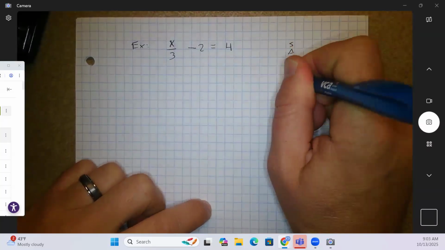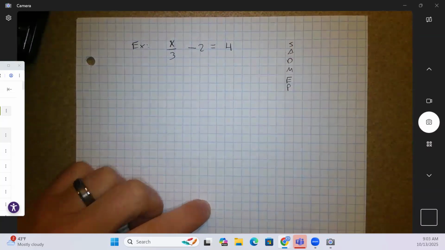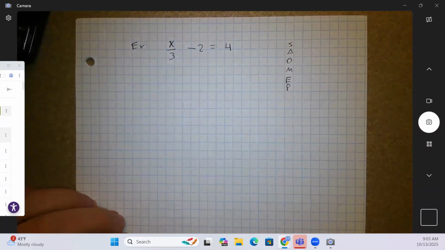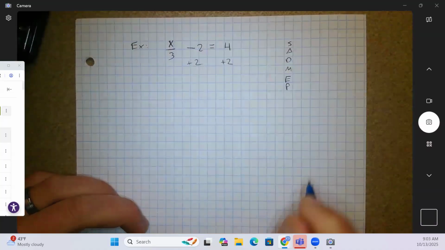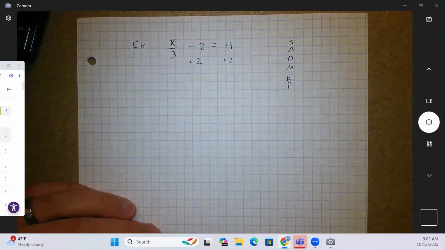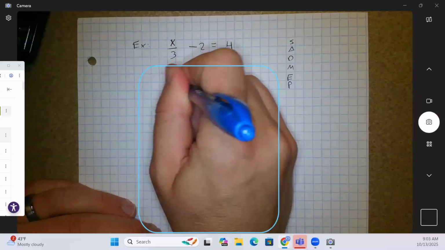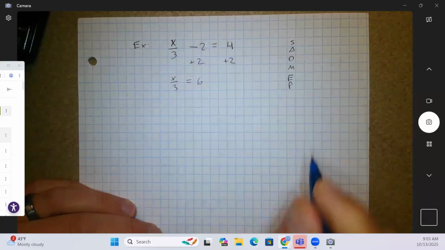We can use SADMAP on this, no problem. What am I going to take care of first? The subtraction, so I can counter that by adding 2 to both sides. And I'm going to get x over 3 equals 6.